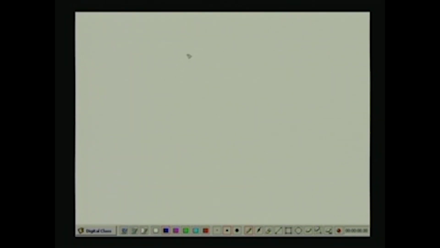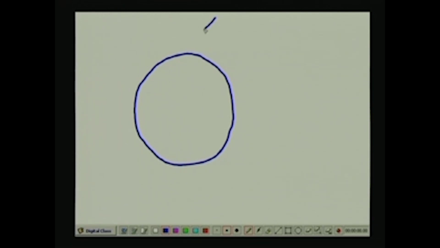Let us say you have got a tunnel with a circular cross section as we considered in the previous slide, and you have got one joint set which is oriented in this manner.